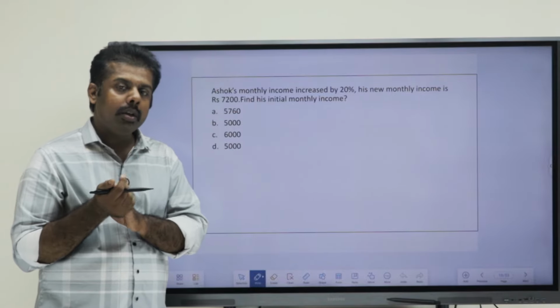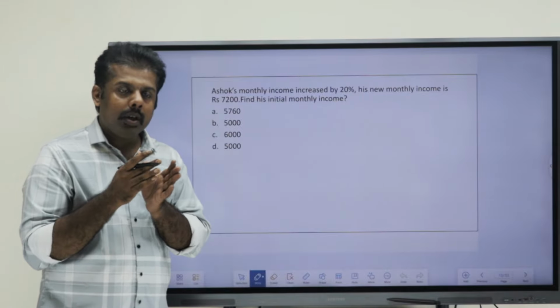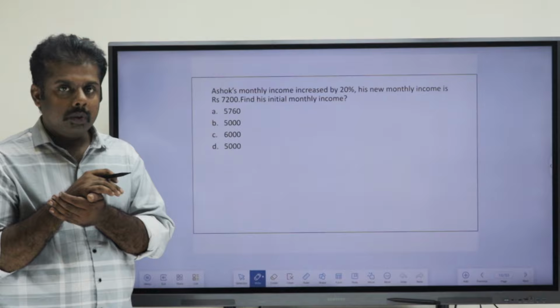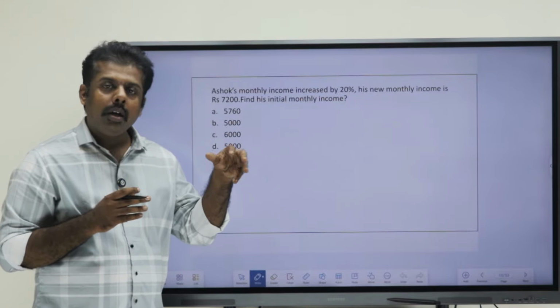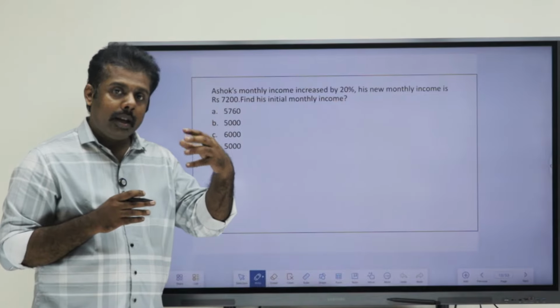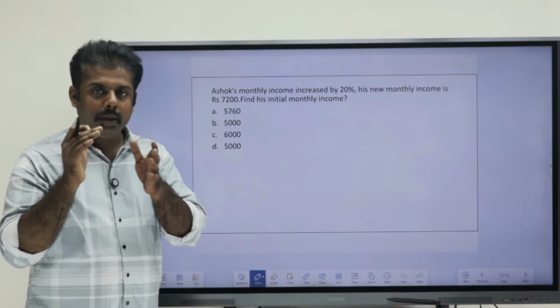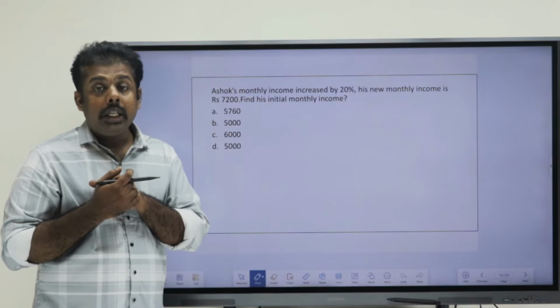Okay. So, how can we do it? There are a number of ways to do it. So, here as we can see, we are going to compare his initial salary. Say if his initial salary was 100, what does the question say? His salary has increased by 20 percentage and that value basically has become 7,200. Now, from there we have to find his initial monthly income.